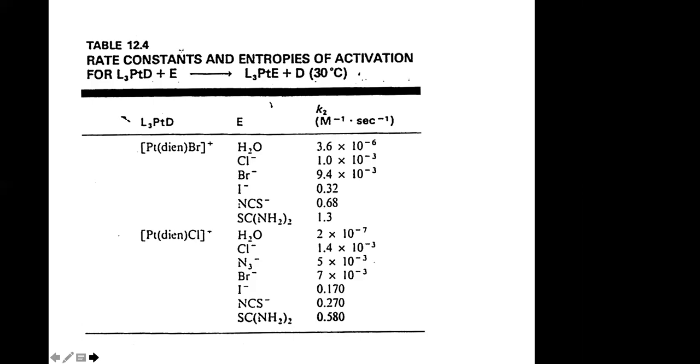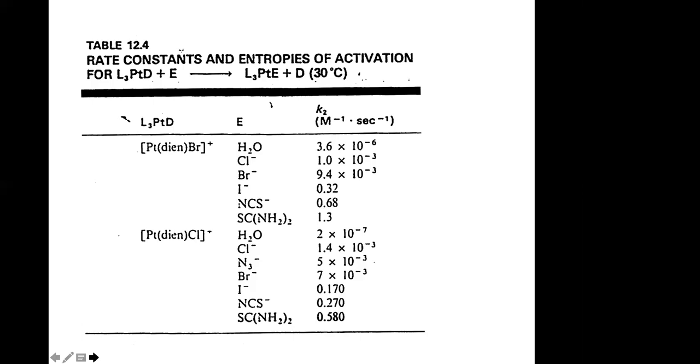In the second set of data, you see something similar, for chloride being replaced by an entering ligand. This strong variation of rates with variation of the entering ligand is taken as evidence towards an associative mechanism.